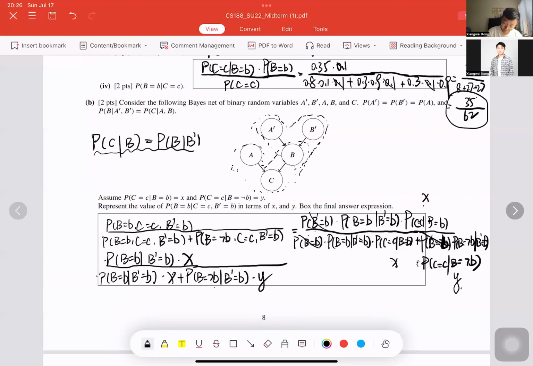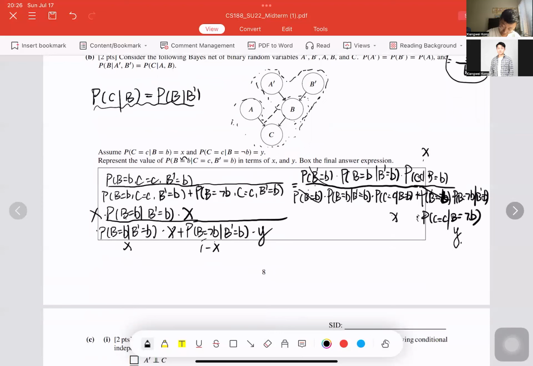So for this conditional probability, this will be X, and this one will be also X. And for this, it's just B equal to not B, so it's 1 minus X. So what we have now is X squared plus 1 minus X times Y. So this will be the answer for this question.